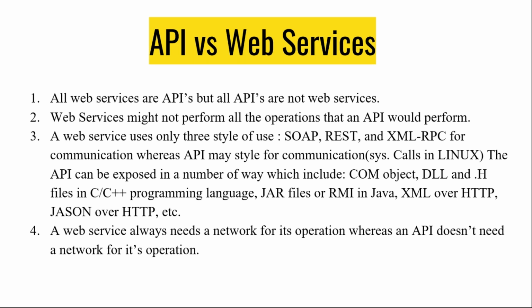The API can be exposed in a number of ways, which include COM object, DLL, and .h files in C++ programming language, jar files or RMI in Java, XML over HTTP, JSON over HTTP.